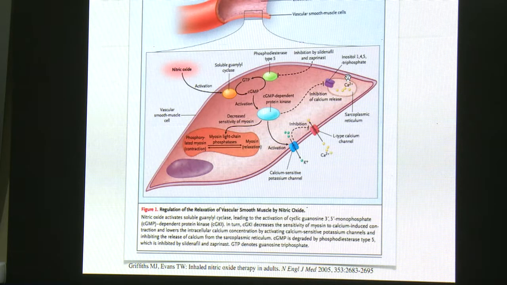There is another pathway. This pathway is for nitric oxide, and this one is for inhibitors of phosphodiesterase 5 and 3. So there are three different pathways. That means that if you combine these drugs, you can easily increase the effect of each drug itself.